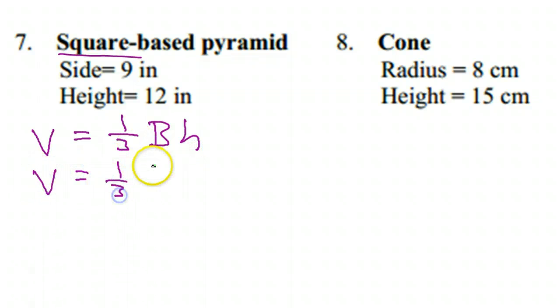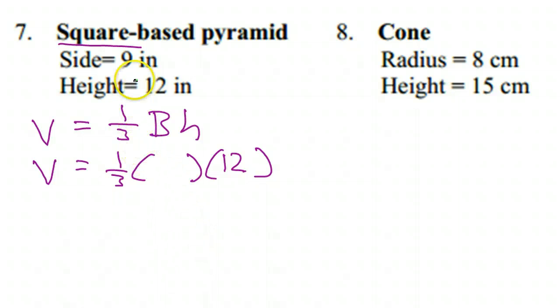They tell us straight out the height is 12. So all we need is the area of the base. The base is a square whose sides are 9, so the area of the base is 9 times 9, which is 81.